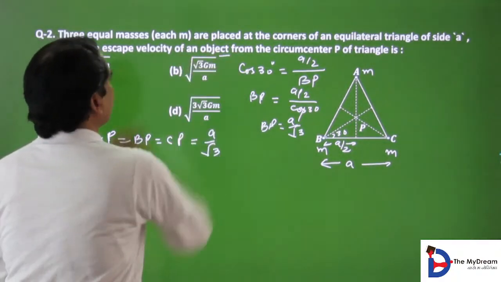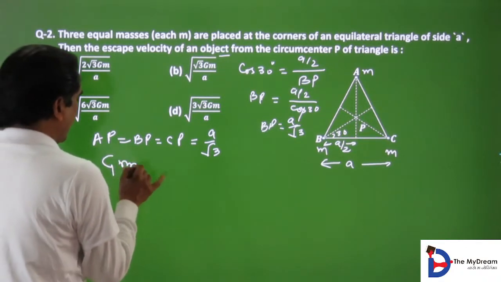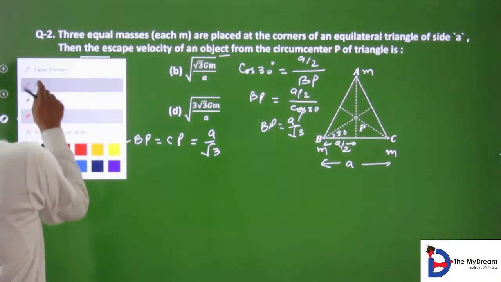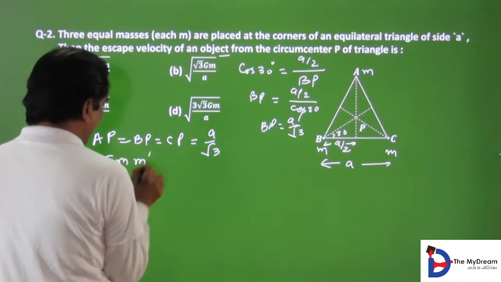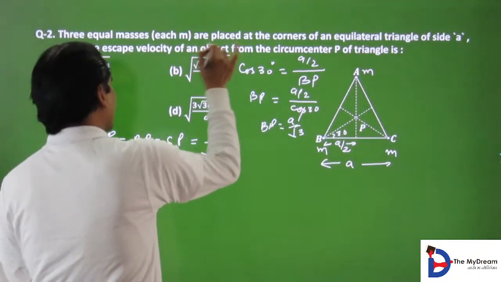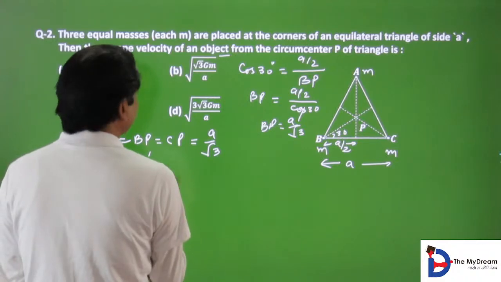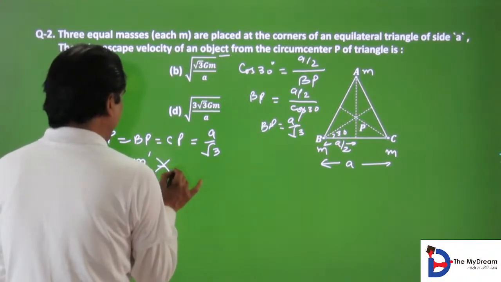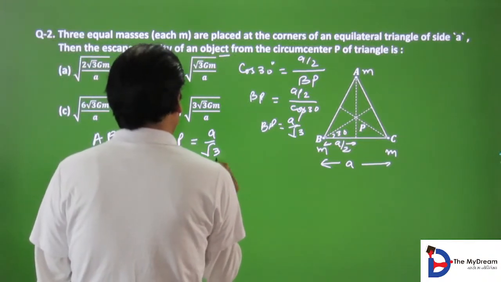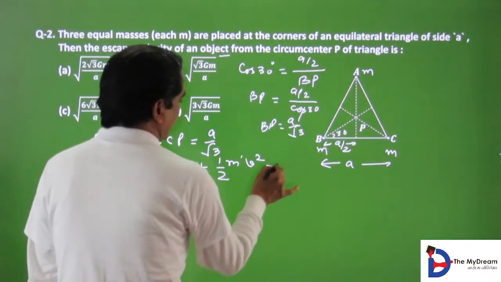The potential energy is given by G m dash, let m dash be the mass of an object, small m dash is the mass of an object, divided by this distance, multiplied by 3 because of this and that, and that is equal to half m dash v square, which is equal to 0.